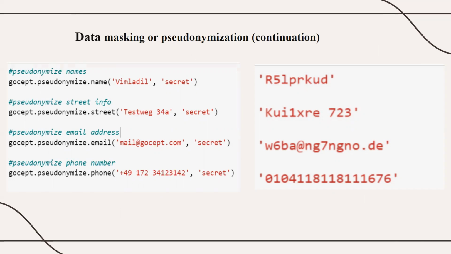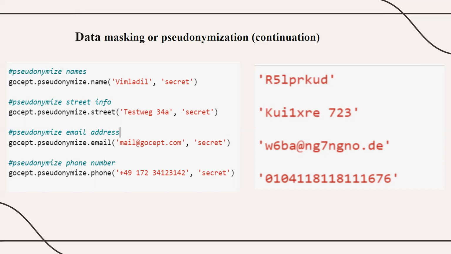Just like we can see in the first two lines, we pseudonymize a name and pass it a key called secret. So this name, Vimladil, can be pseudonymized and changed to a pseudo kind of data, which we might not understand, just like you can see on the right-hand side.